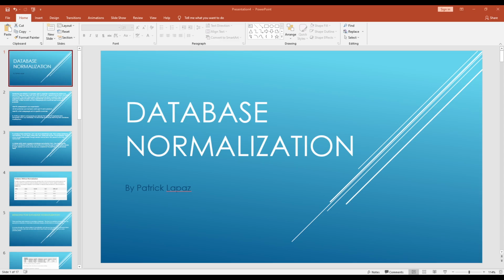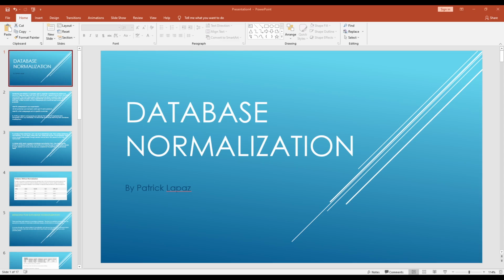It is a multi-step process that puts data into tabular form, removing duplicated data from the relation tables.